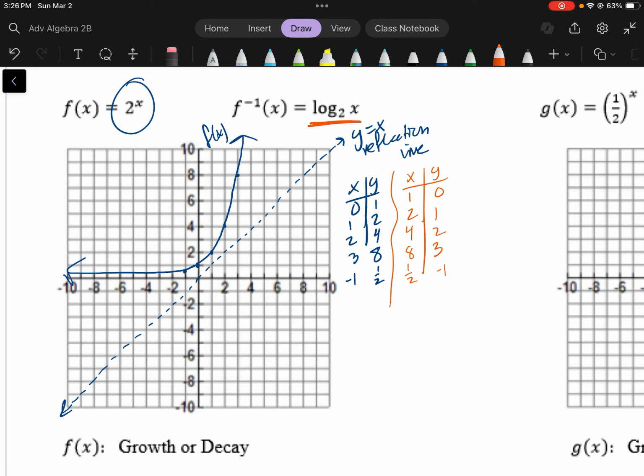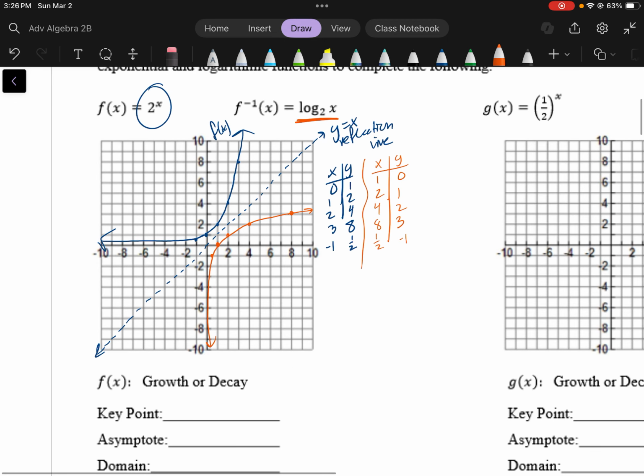When we graph those, since we're just switching x and y, we get (1, 0), (2, 1), (4, 2), (8, 3), and (1/2, -1) would be right there. This curve looks like, ooh, I was drawing it wrong, right here. What's different is I still need to hug that line, but now I'm not going to be able to cross the y-axis instead.